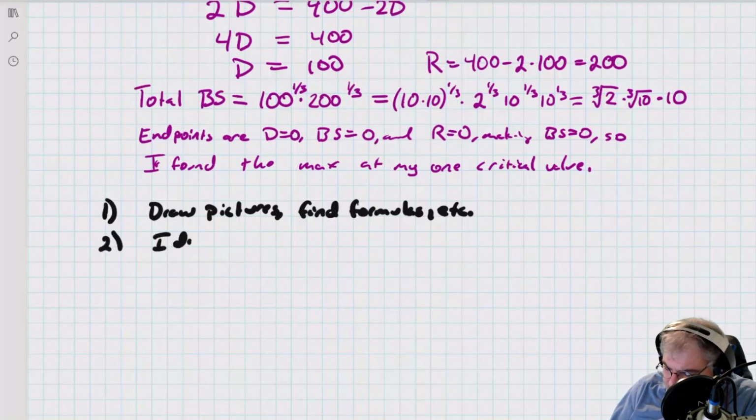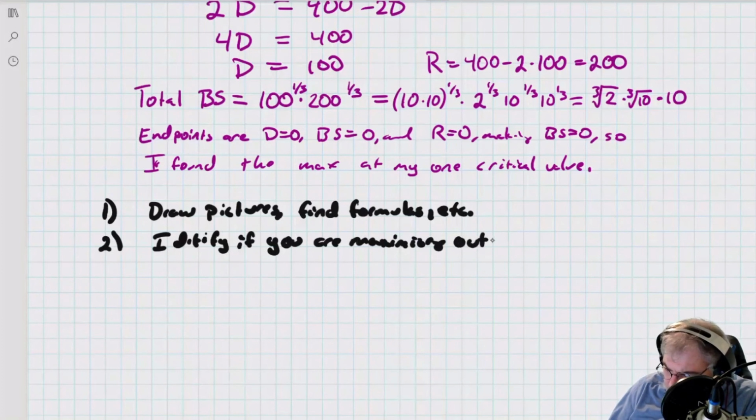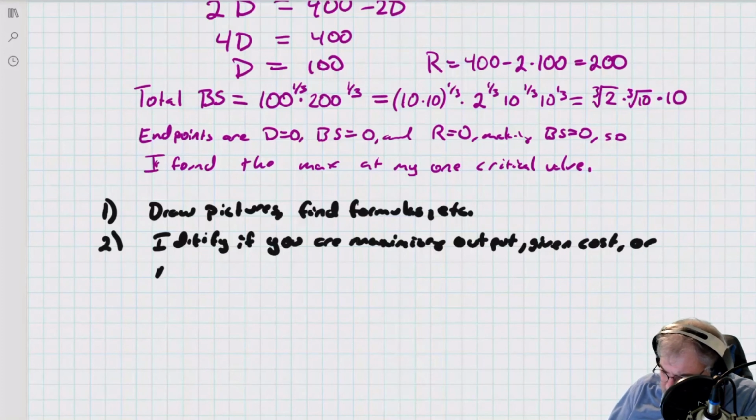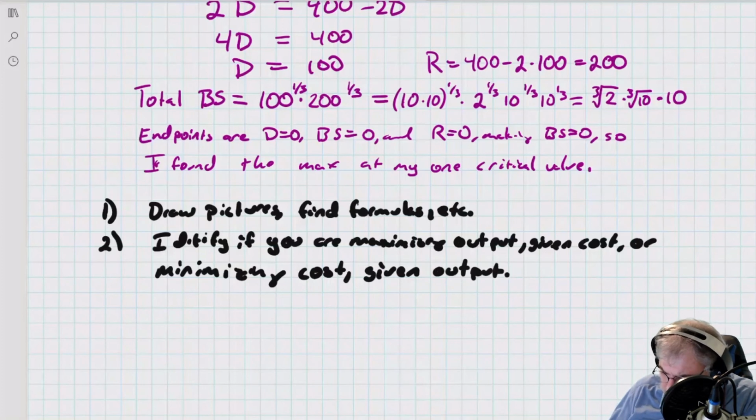Identify if you are maximizing output given cost, or minimizing cost given output. 3.